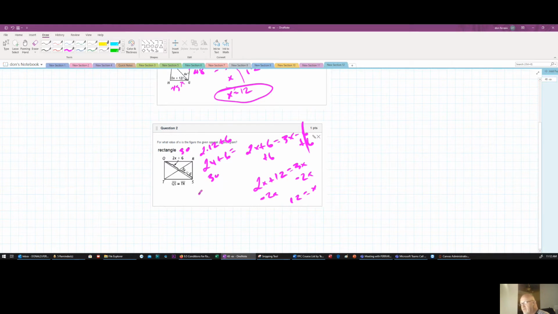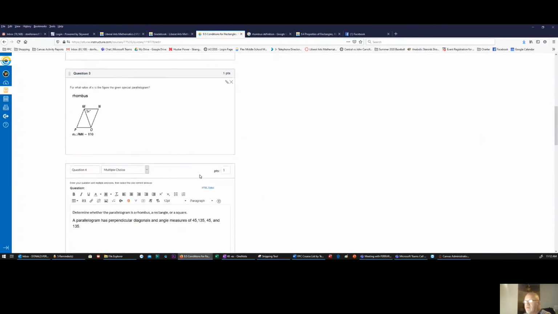And then we've got 3 times 12, because it's x, minus 6. 3 times 12 is 36, minus 6, and we've got 30, and we got 30 there. So that checks out. So for number 2, x equals 12. Good. Now let's look at the third one.